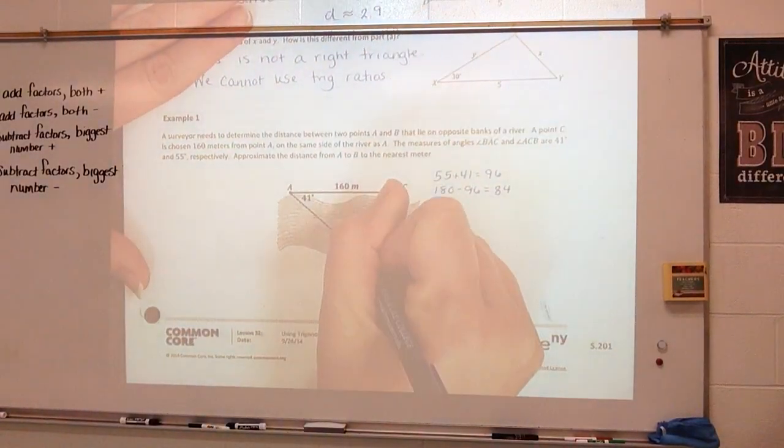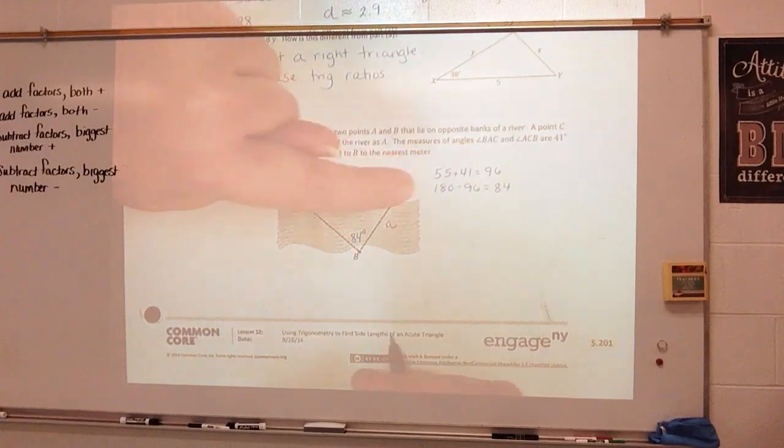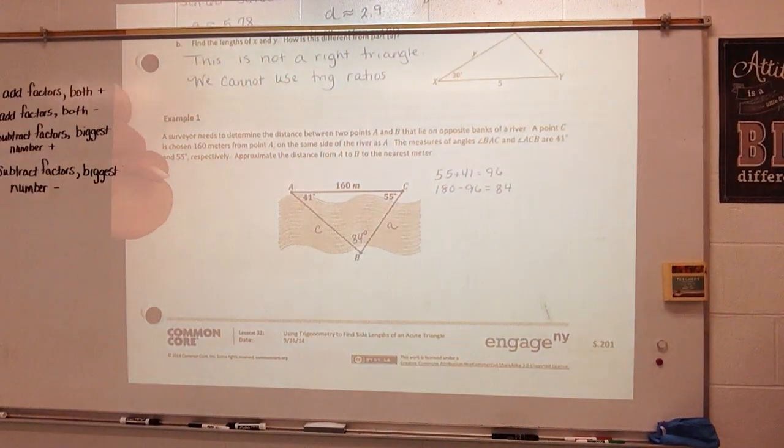So I know that this is 84 degrees. What else can I add? I know that this is side a, and that this is side c. So I can use the law of sines to set up all possible ratios applicable to the diagram.